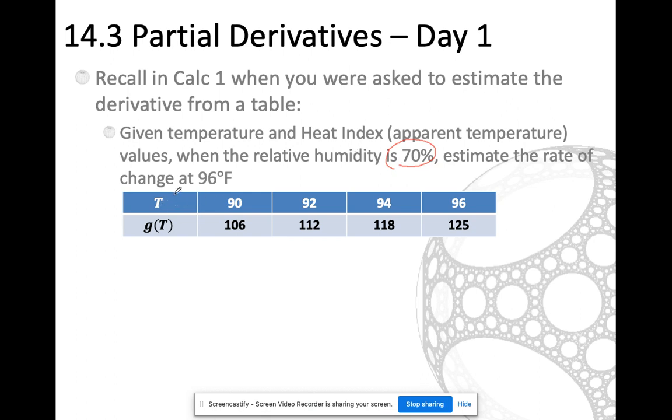Humidity is not part of this table, but I'm telling you, this is temperature and this is heat index, apparent temperature. But I'm telling you that this data was taken when the relative humidity was constantly 70%.